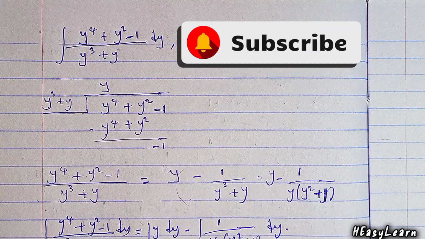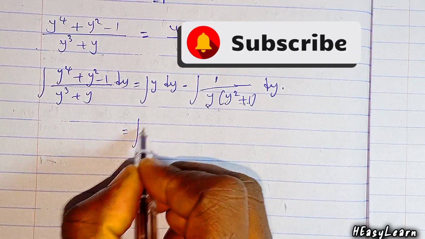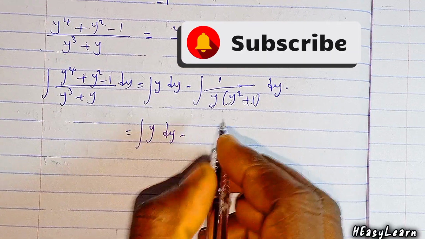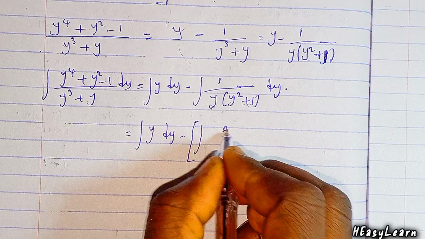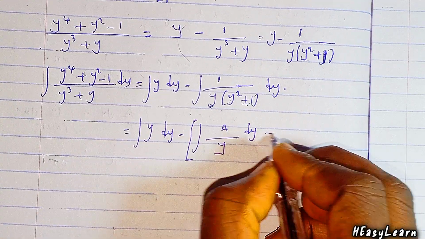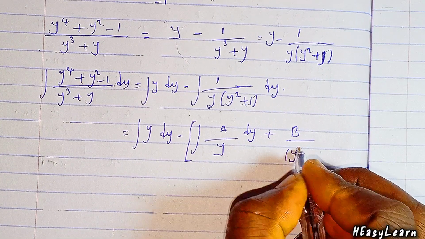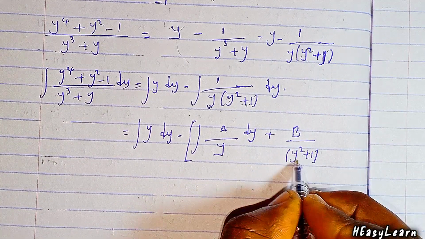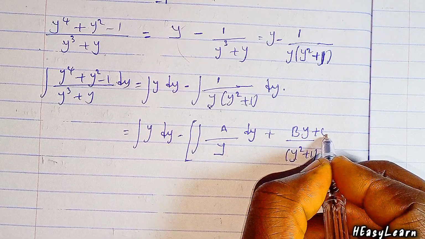Again, we are going to use partial fractions to separate the denominator here. This is the same thing as the integral of y dy minus the integral of a divided by the first bracket dy, plus b divided by the second bracket. But because this is squared, we have to put by plus c here.